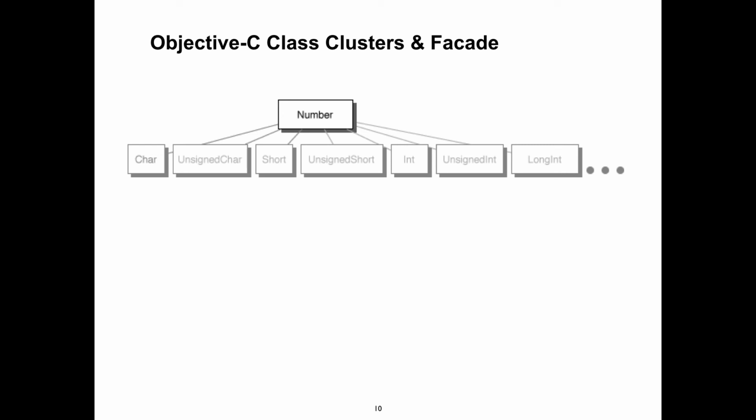But they don't expose that to the programmer. There's just number. And then when you instantiate a number class, you give it a value argument, and then that will select the right instance of it.